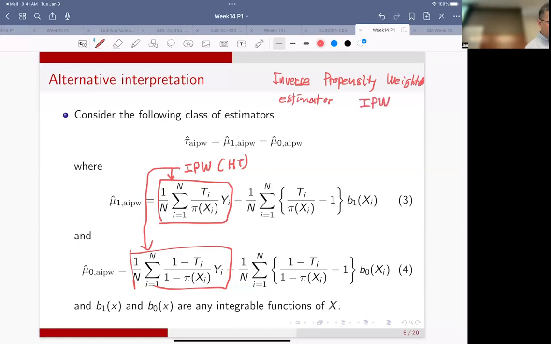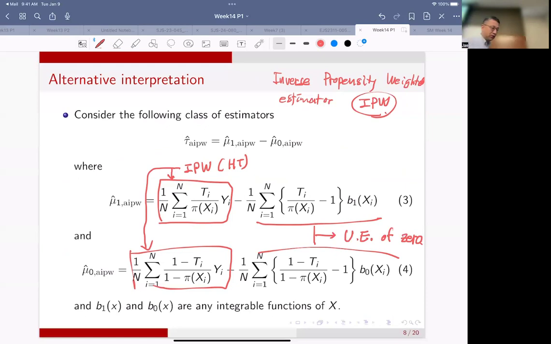Okay. So that is the initial estimator. And then this one is what? It is an unbiased estimator of zero.